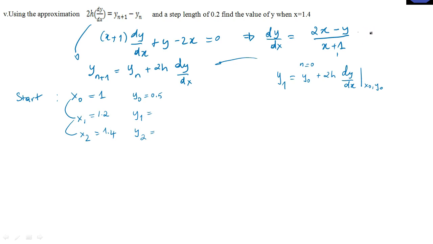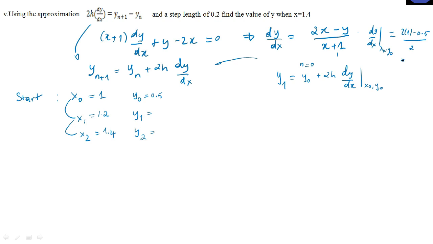The derivative at x0, y0 is going to be (2 times 1 minus 0.5) divided by 2.